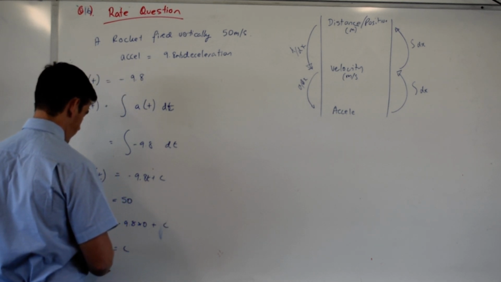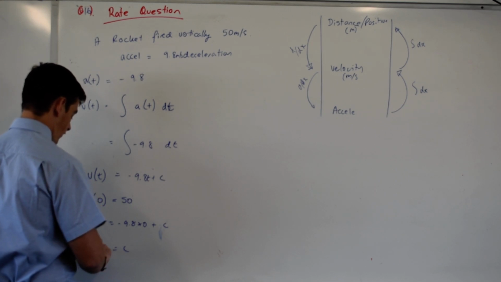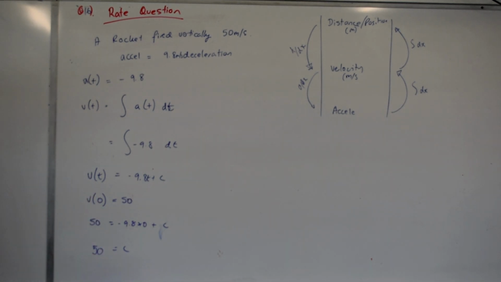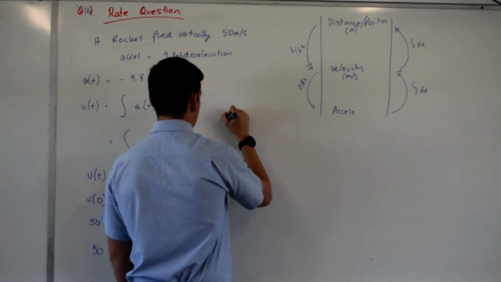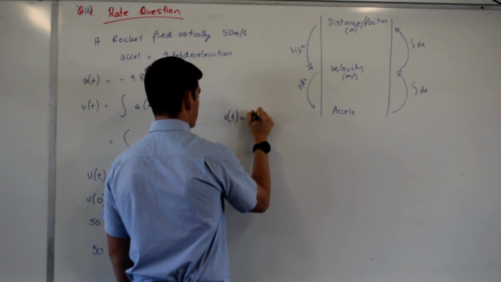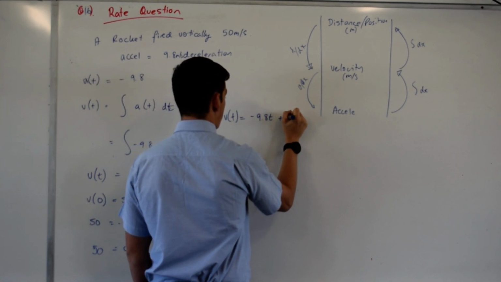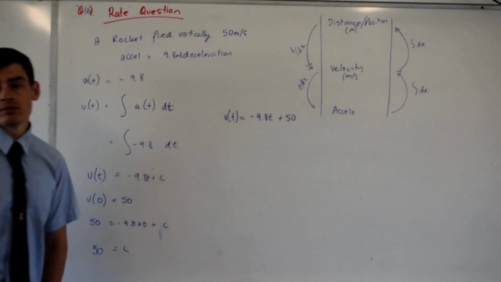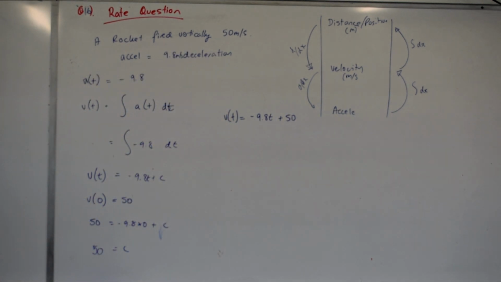C must equal 50. So my velocity equation, Vt, equals negative 9.8t plus 50. Does that make sense?